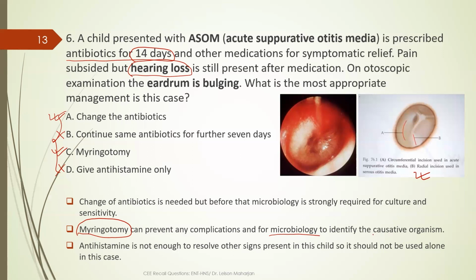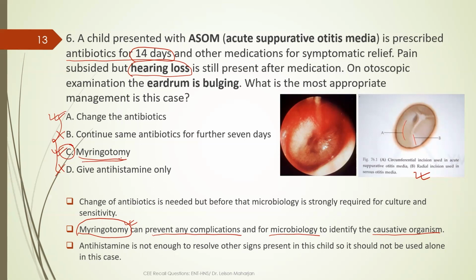So this is the additional advantage. And also if there is any impending complication that can occur with acute otitis media, it can be prevented by the myringotomy. So the most appropriate answer is answer number C.